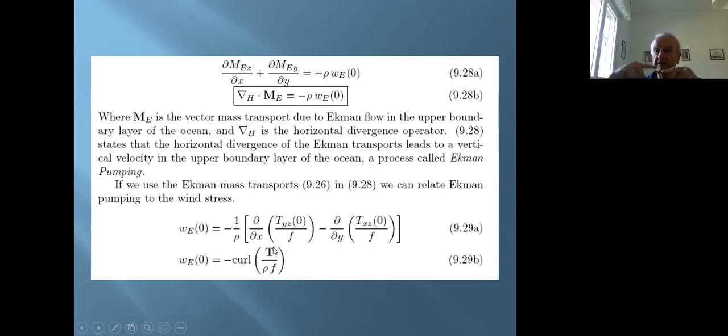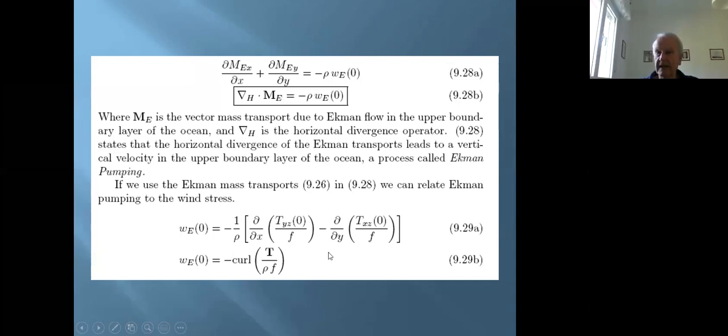That means the spatial heterogeneity of the wind field first generates the divergence and then generates the vertical velocity. So these two equations, this one and this one, are strictly connected to each other. If we have spatial variability of the wind field, there is, as a consequence, horizontal divergence of the mass in the Ekman layer, and as a consequence of that, we have vertical velocities up or down.